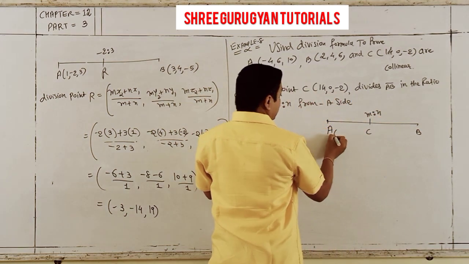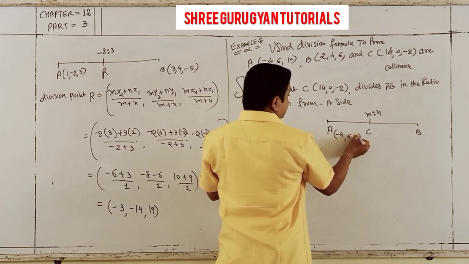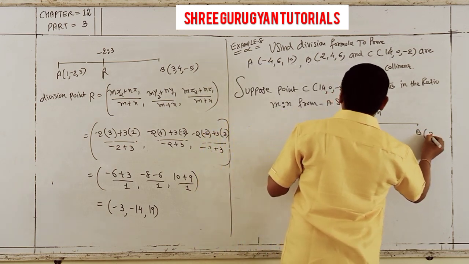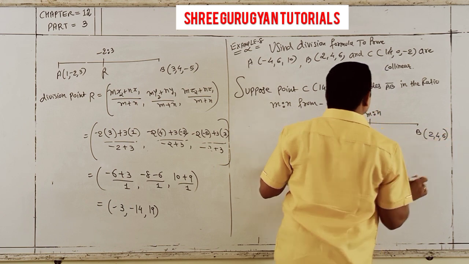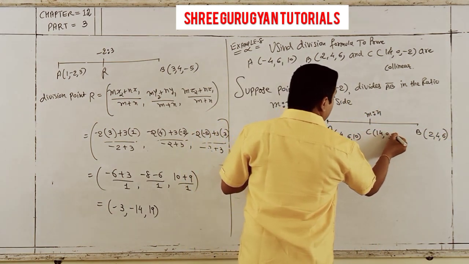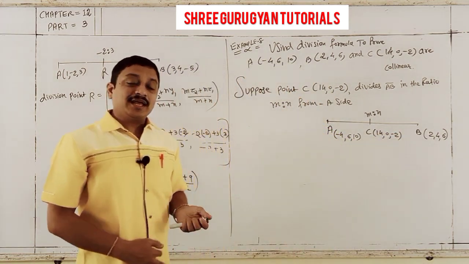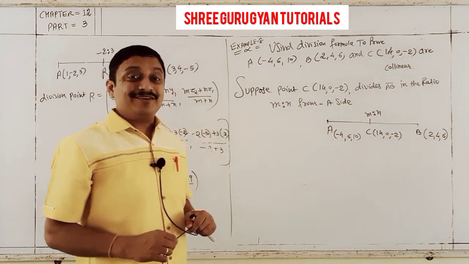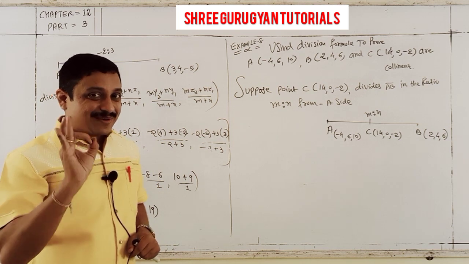A I have known: minus 4, 6, 10. B I have 2, 4, 6, and C is also known: 14, 0, minus 2. Students, you know that the m:n ratio exists only if it is not 0 and not minus 1.